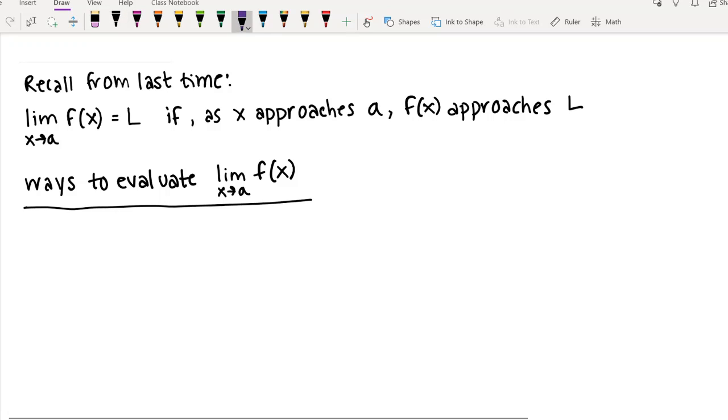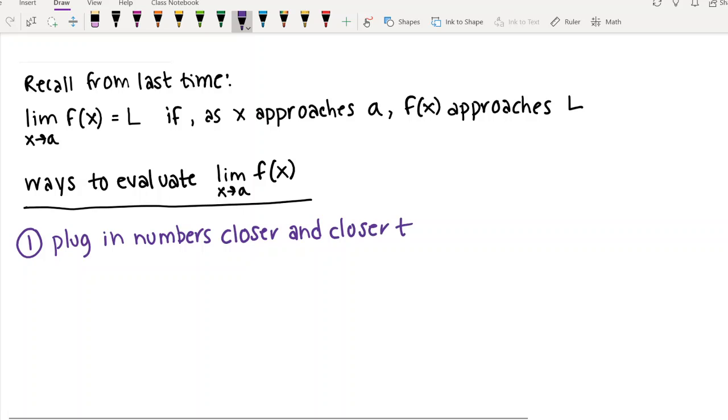So first method, like we talked about yesterday, is basically to plug in numbers closer and closer to a, and basically observe, see what happens to f of x.